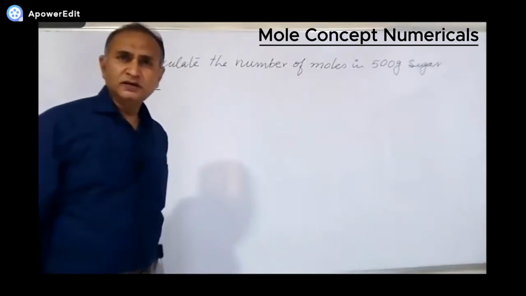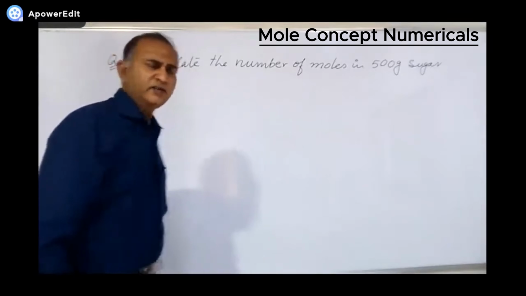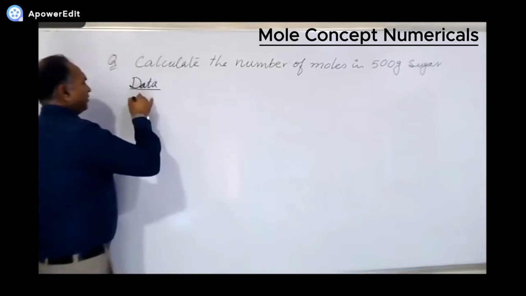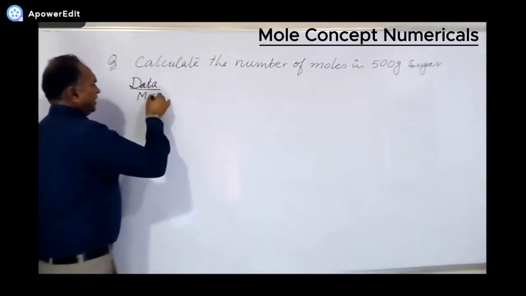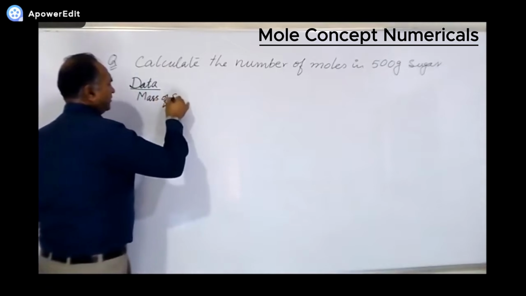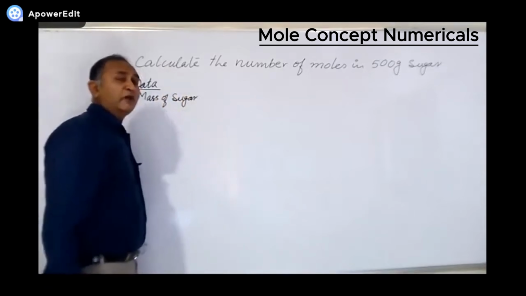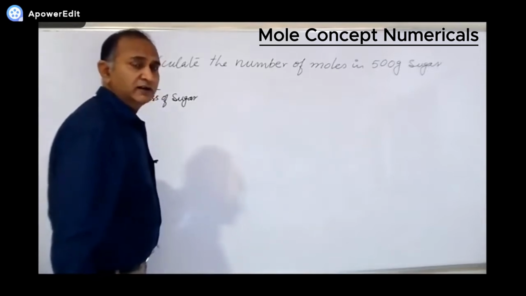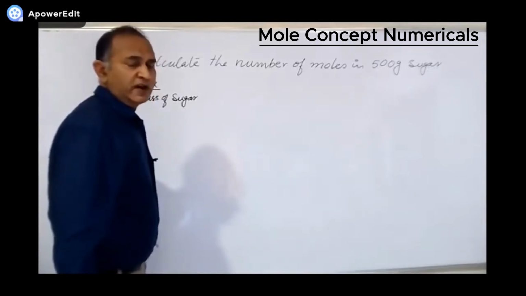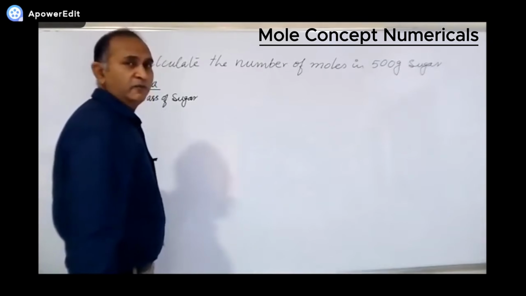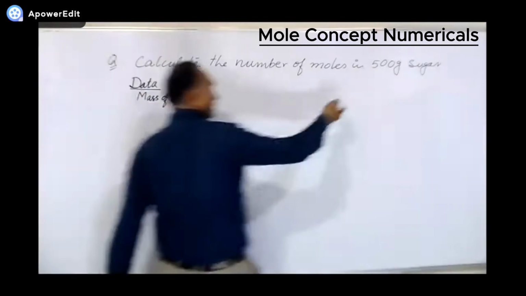How much? Correct? 500 grams. So we'll write here mass of sugar. What is the formula of sugar? C12H22O11. All right? Let me write it.